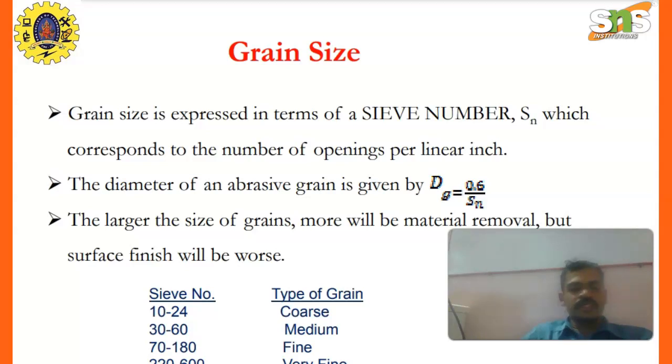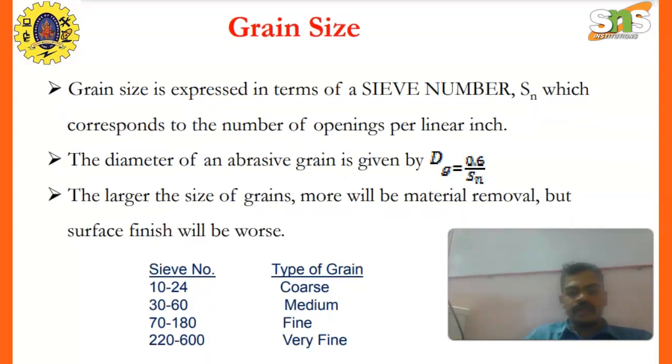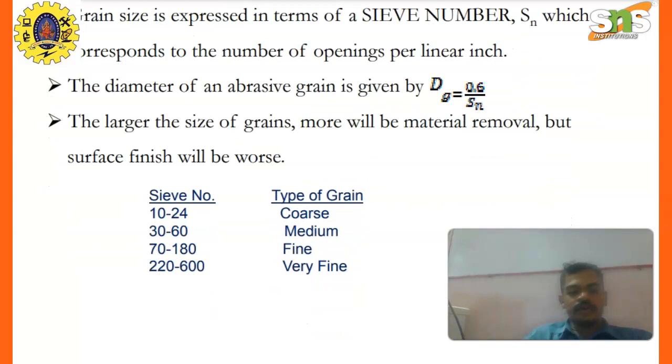The larger the size of grain, the more material removal, but the surface finish will be worse. The sieve number and types of grain: 10 to 24 coarse, 30 to 60 medium, 70 to 180 fine, 220 to 600 very fine.